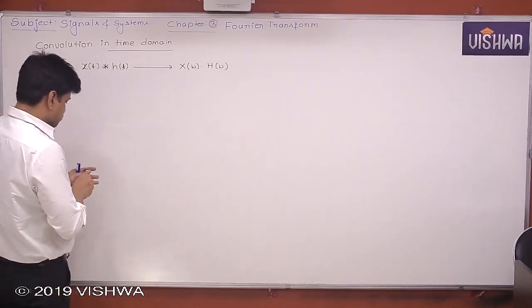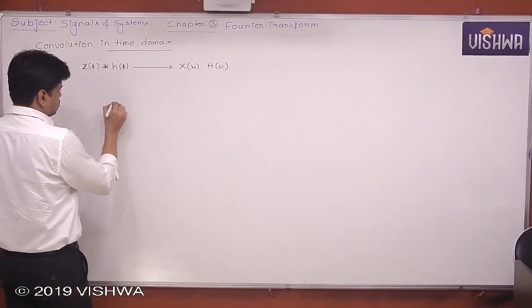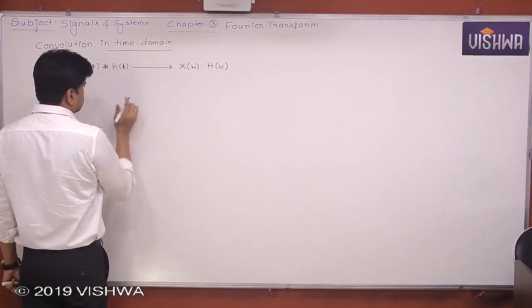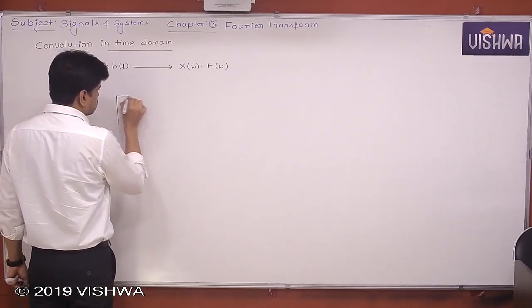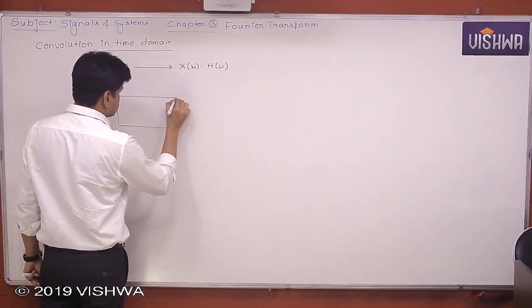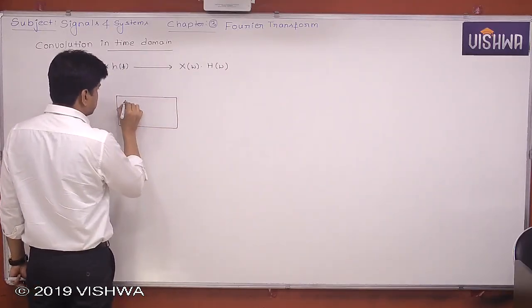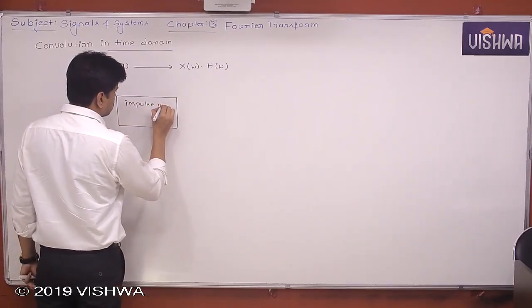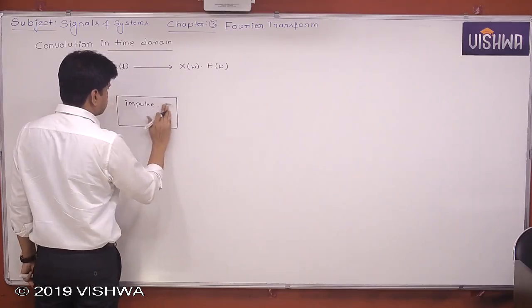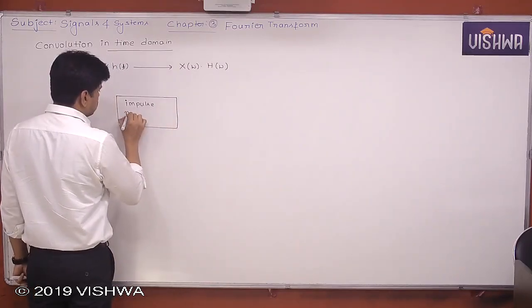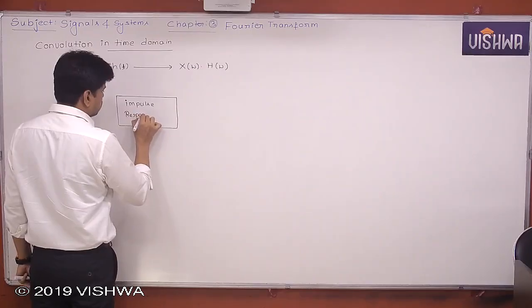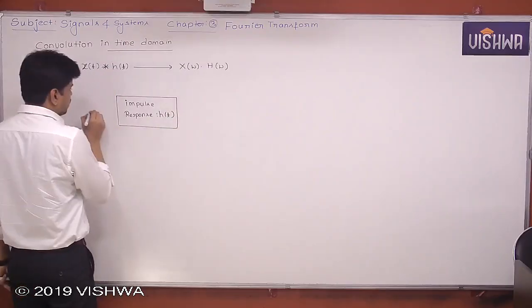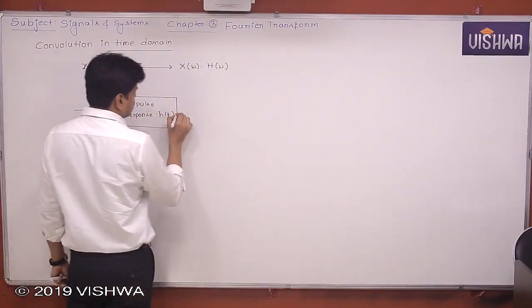So let's say the impulse response h of t is given for this system.